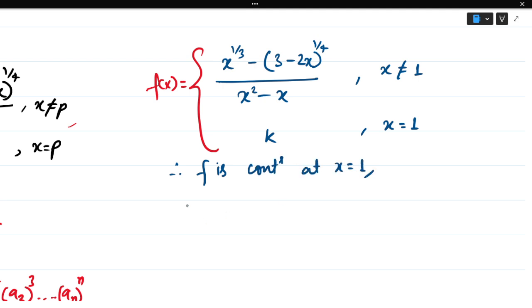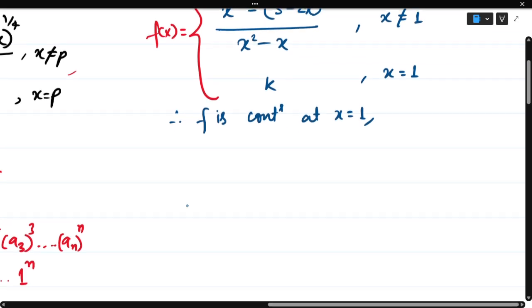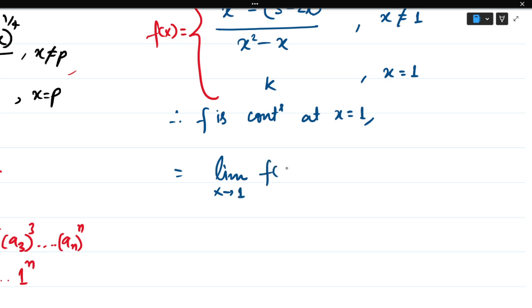By the definition of continuity, if the function is continuous at x equal to 1, one can say that the limit as x tends to 1 of f(x) is f(1), right? So when x is tending to 1, remember, it implies x is not equal to 1.